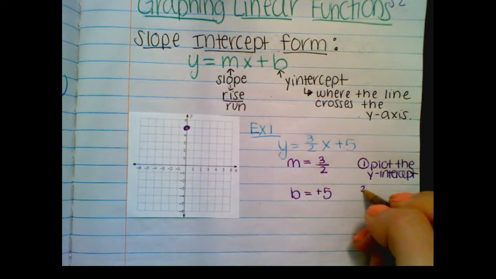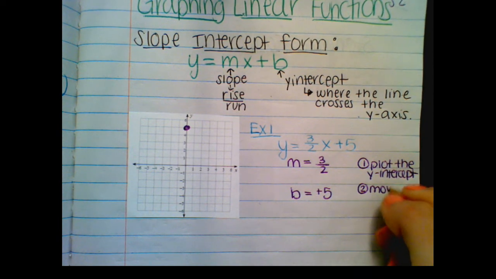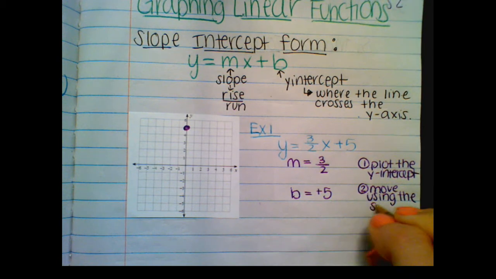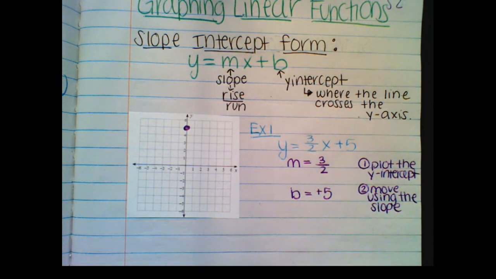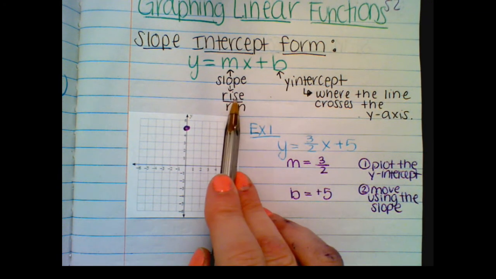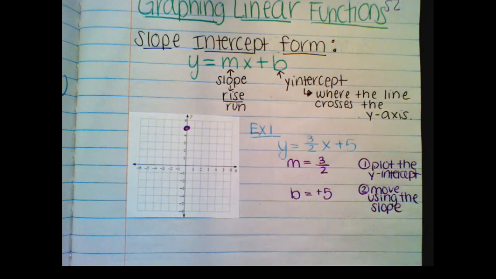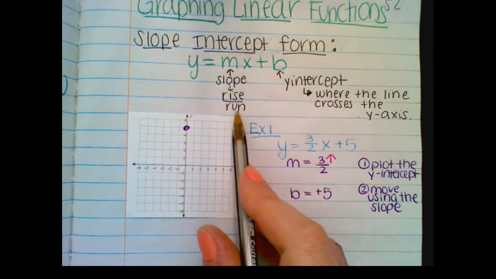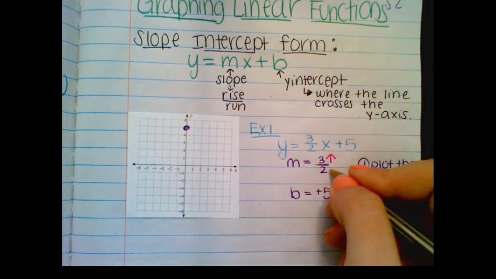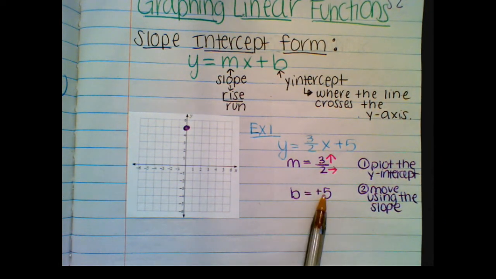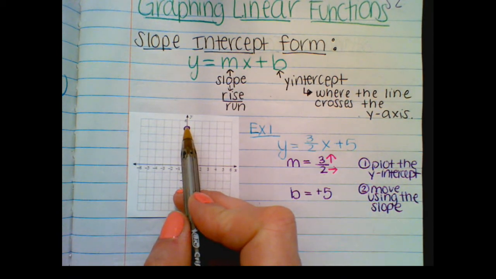And then I move using the slope. m equals 3 over 2. Well, 3 is positive, and that's the rise, so positive 3 means I would move up 3. And then the 2 is the run. A positive 2 run would mean I go to the right. So from my y-intercept, I would go up 3 and right 2.